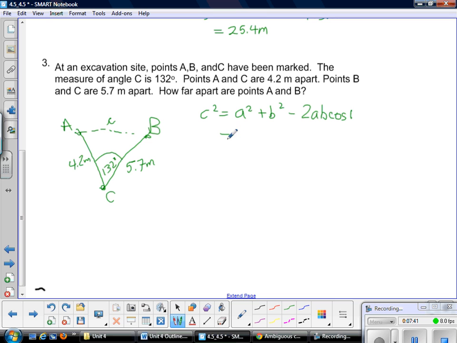Now it's a matter of substituting our information in, so we have 5.7 squared plus 4.2 squared minus 2 times our 5.7 times our 4.2 and our cos of 132.